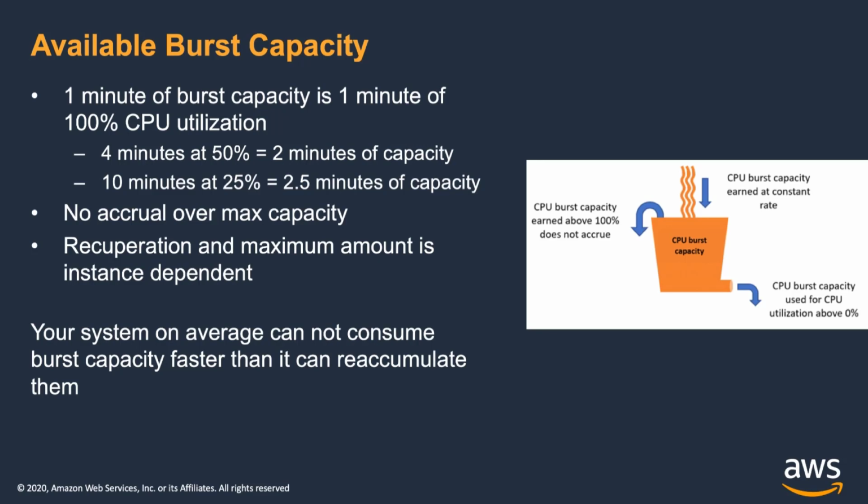So people were kind of flying blind, trying to figure out, am I overtaxing my CPU? This feature is designed to help people not run into that situation where you're running out of burstable capacity and your system is throttling.